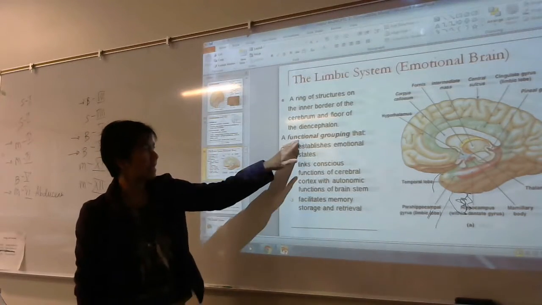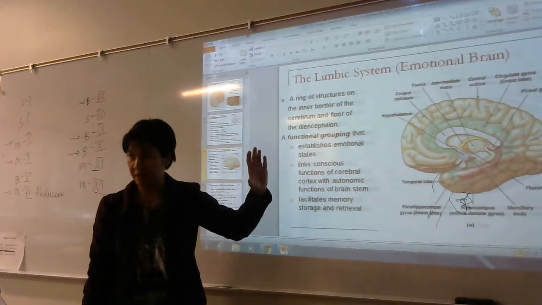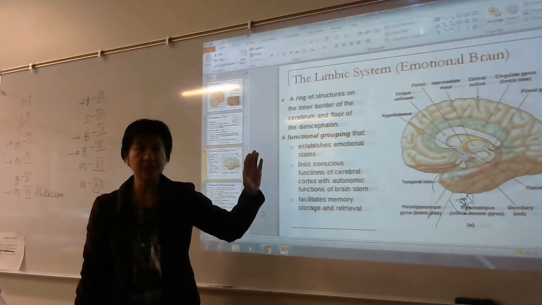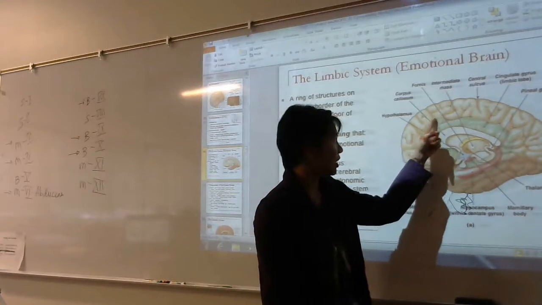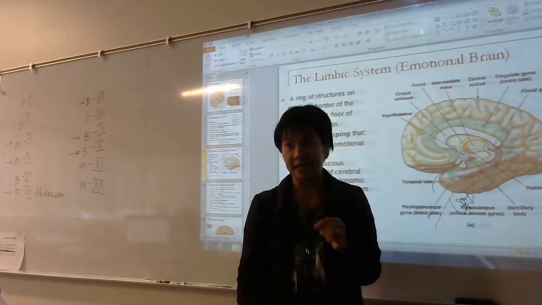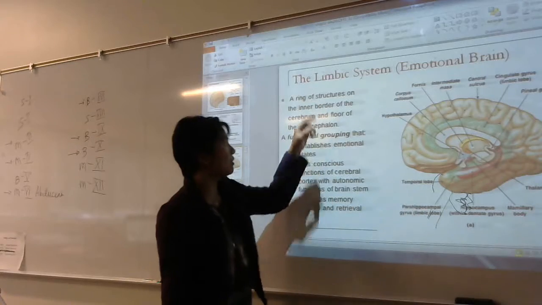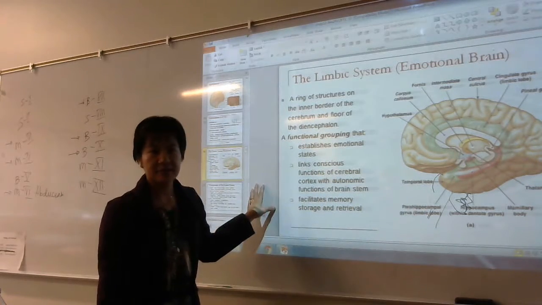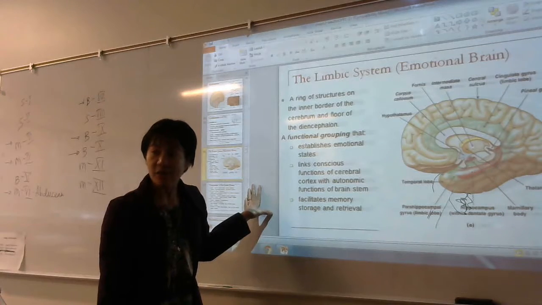The reason why they write functional is because there's really no anatomical boundary. In other words, there's still debate as far as the anatomical location of this lobe, but everyone agrees that there is a limbic lobe. And next to limbic lobe, you're going to write memory. Memory, storage, and retrieval.